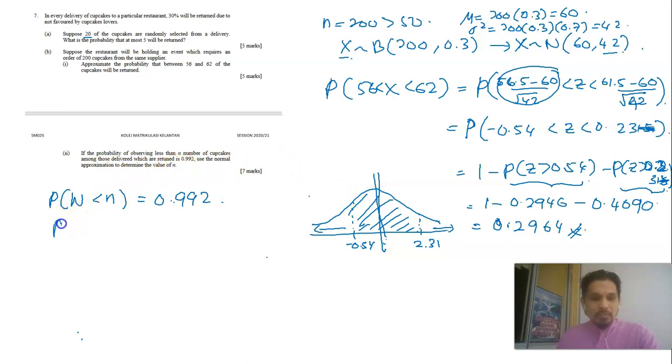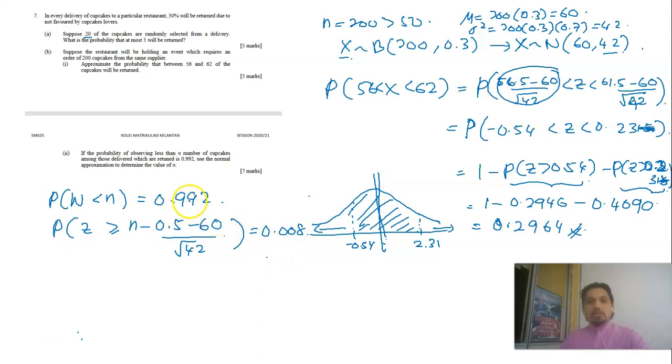So this one now, the probability of Z greater than n minus 0.5 minus 60 divided by square root of 42 is equal to 0.008. The total of probabilities is equal to 1. So for n, we call the observation less than n, so we change into the Z of normal distribution greater than.